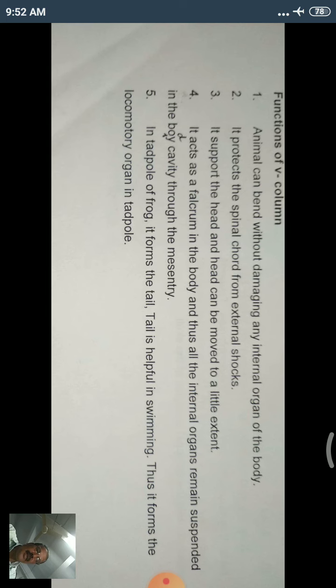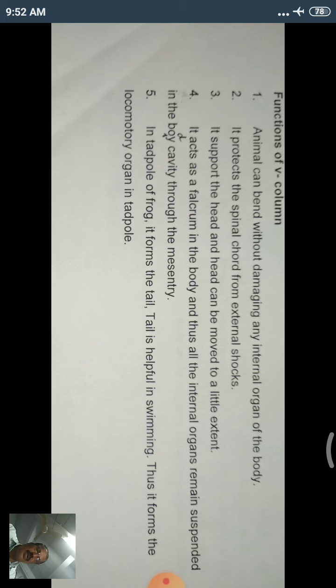It acts as a fulcrum in the body, and thus all the internal organs remain suspended in the body cavity through the mesentery. In the tadpole of frog, it forms the tail.